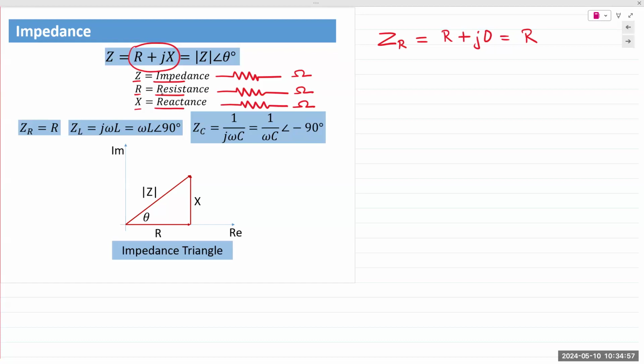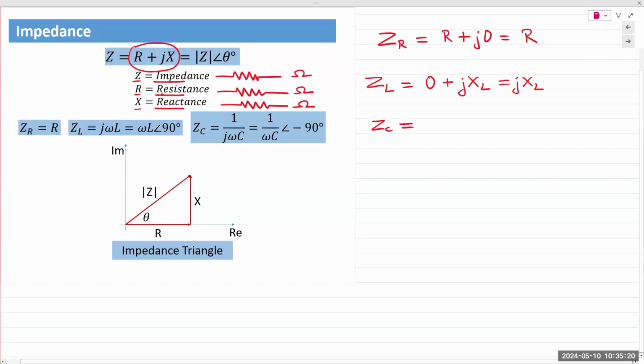Ideal inductors and ideal capacitors, on the other hand, do not have any resistance. So ZL is 0 plus JXL, which is simply JXL. XL is the reactance of the inductor. And then ZC is simply 0 plus JXC, so it simply becomes JXC.